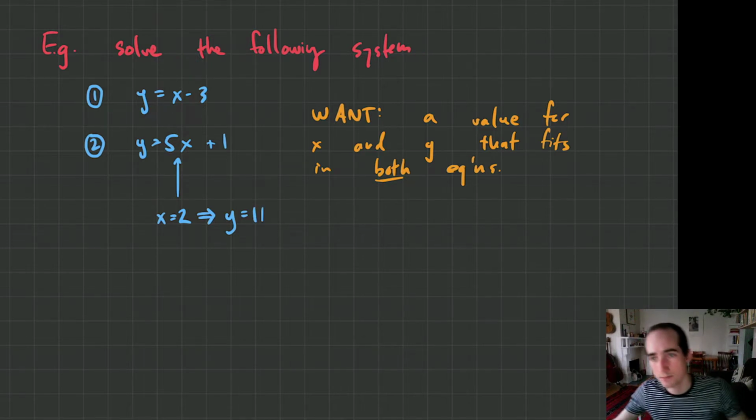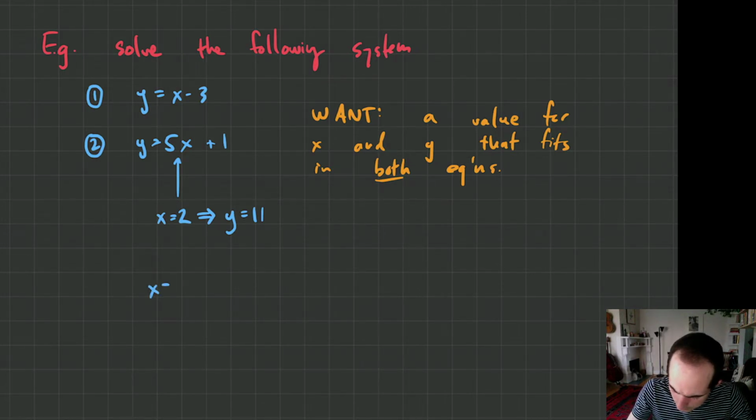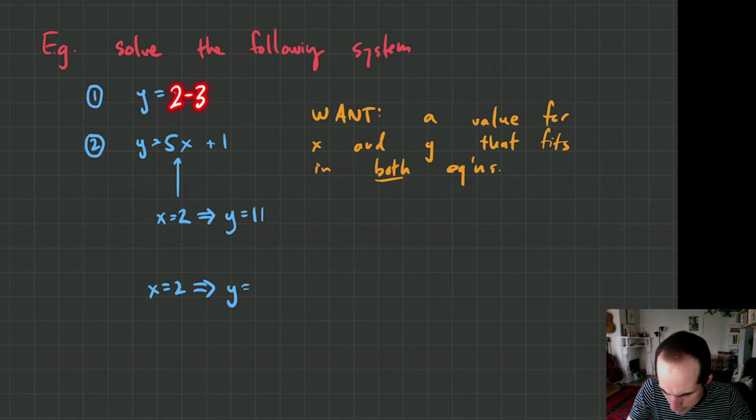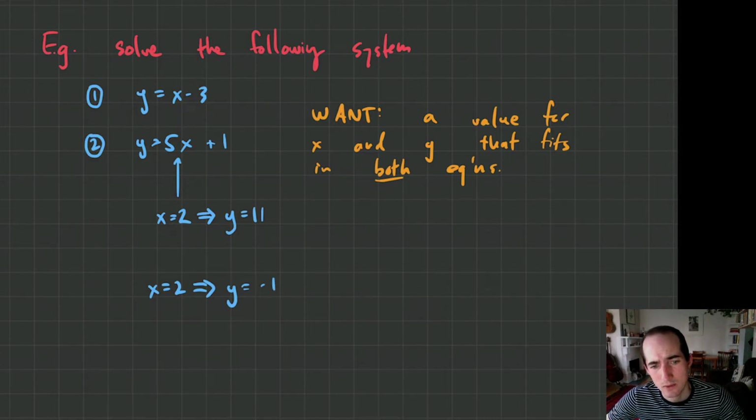So that could be one possible solution in the second equation. But in the first equation, if x equals 2, y must be 2 minus 3, which is negative 1. I don't think that's going to work, so that's not going to work out very well for us.